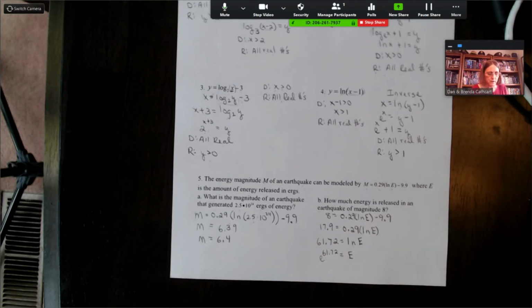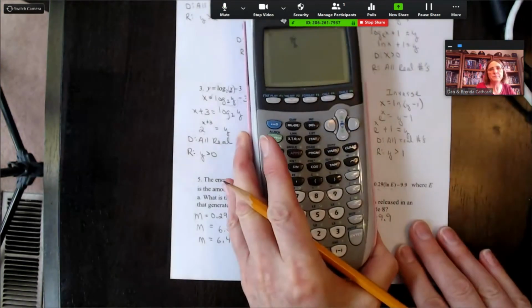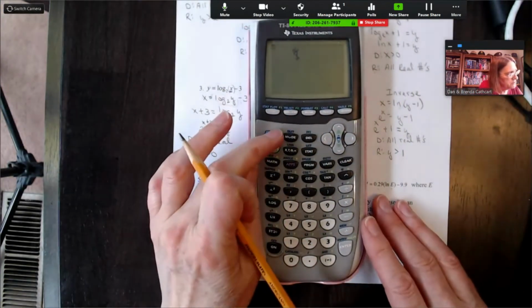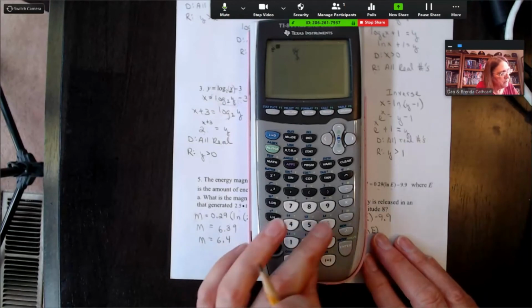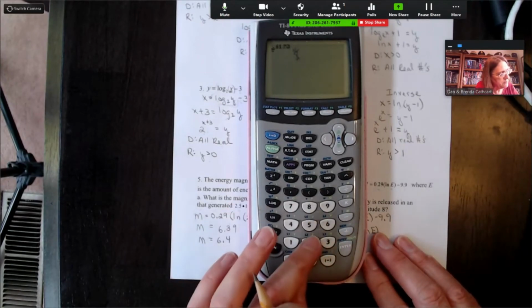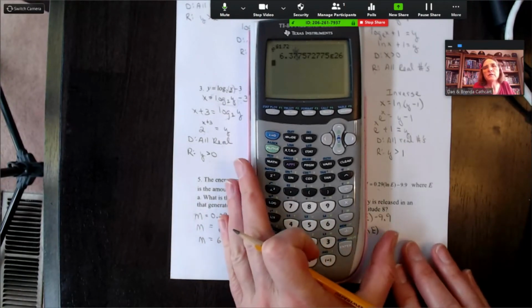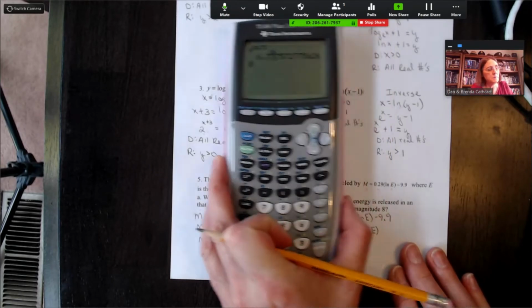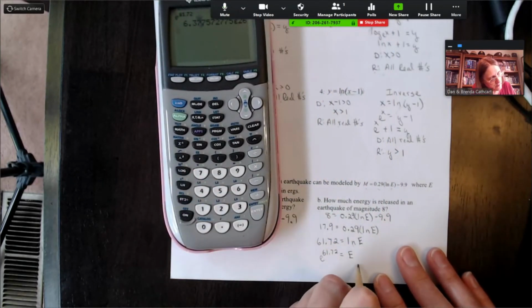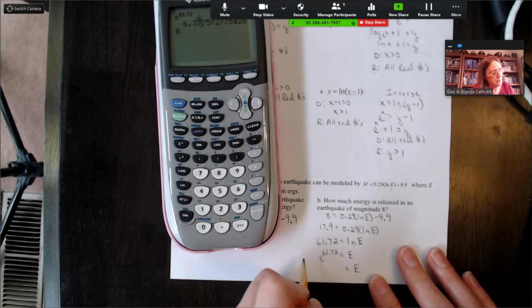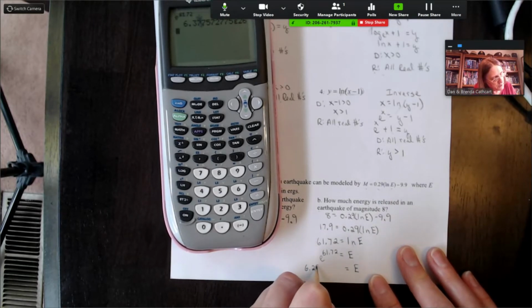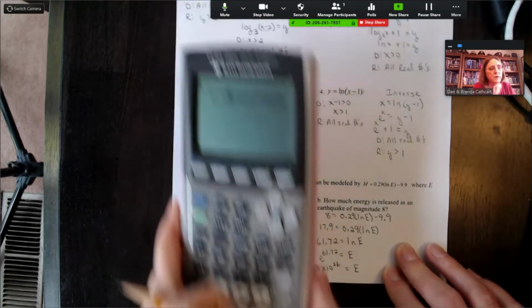And when we put that in our calculator, we do e to the power of 61.72, and we get 6.38 times 10 to the 26 ergs of energy.